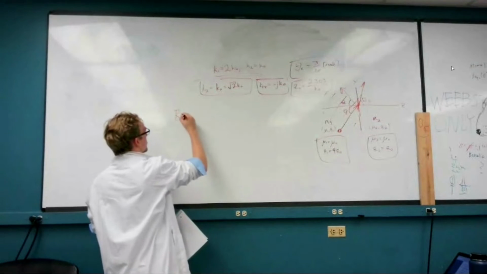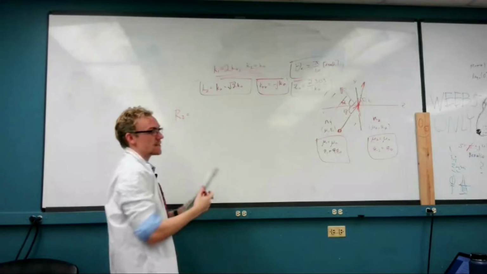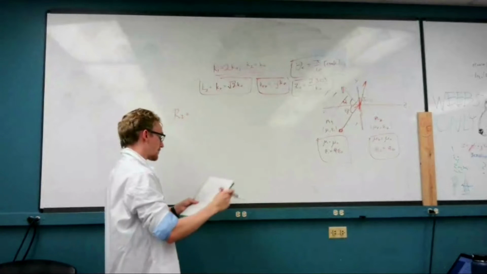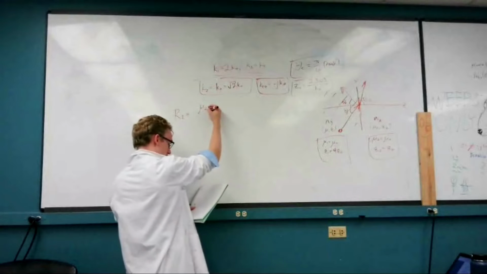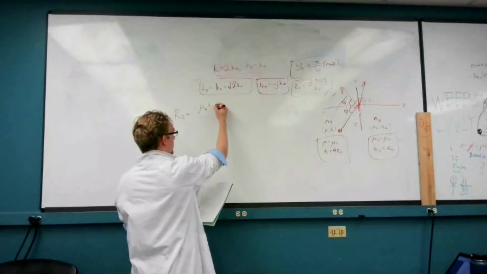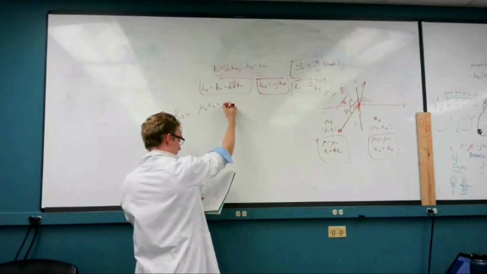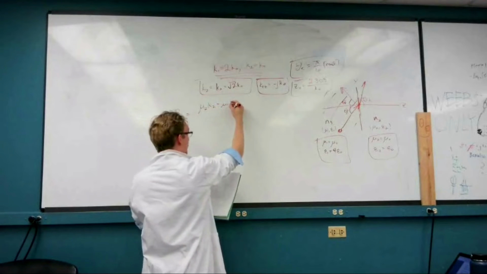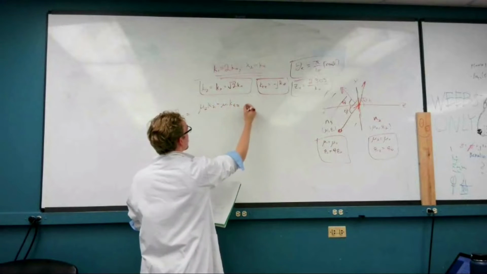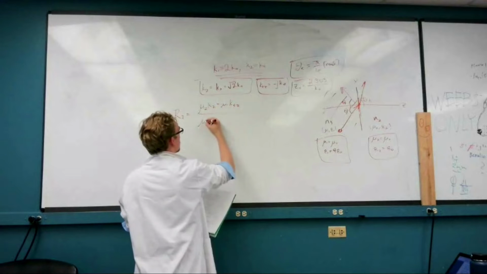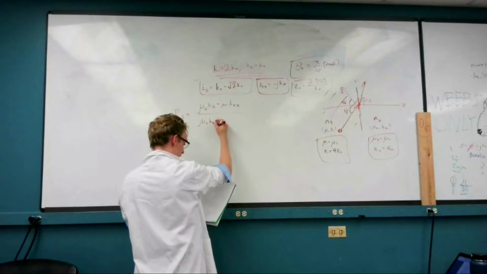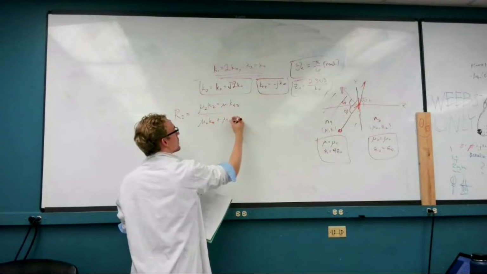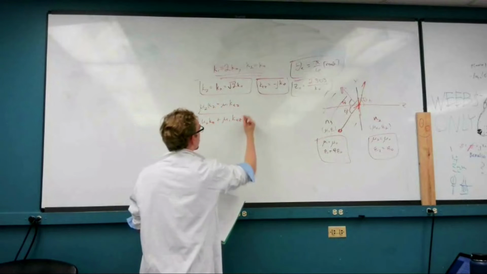The reflection coefficient is actually a complex number. It is mu2 k z minus mu1 k t z divided by mu2 k z plus mu1 k t z.